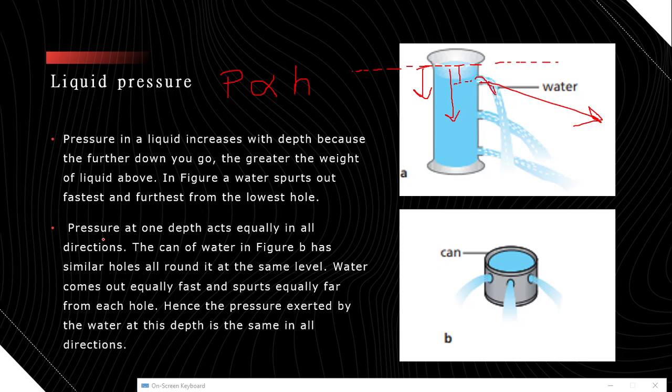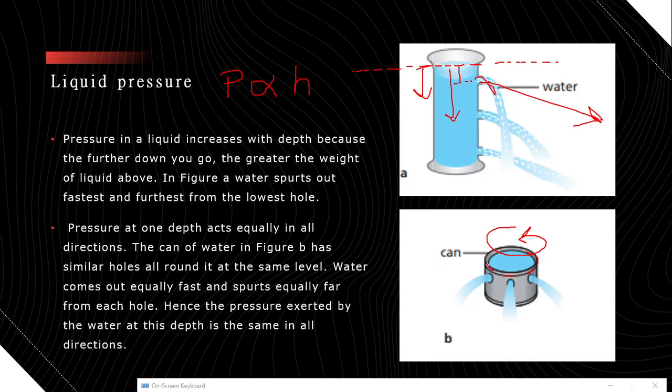Now, it's really important to note that even if the can had a different surface over here, or a different surface over here, or anywhere else, the pressure that acts at one level or at a certain depth is going to be the same no matter what direction we are talking about. So we're taking into consideration the whole 360 in this can. However, because of the two-dimensional diagram, we can only see three holes.